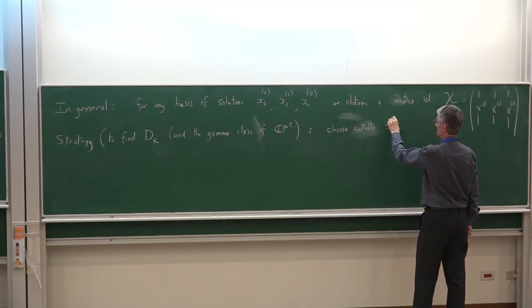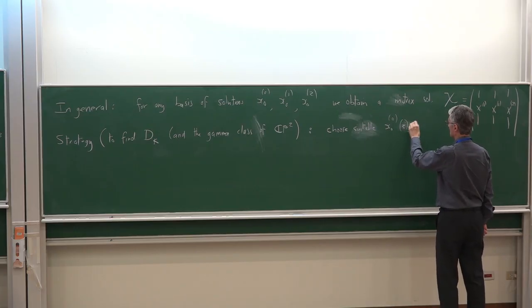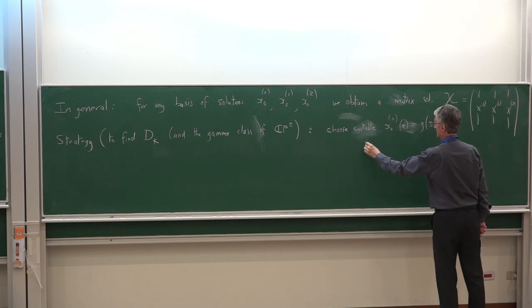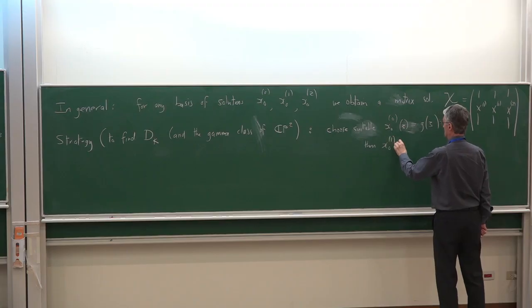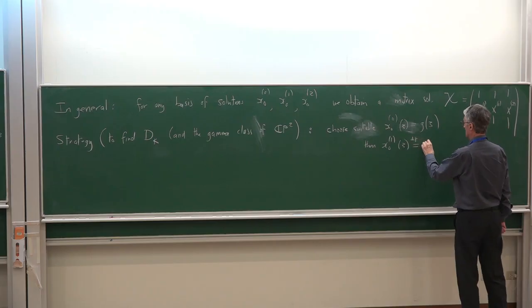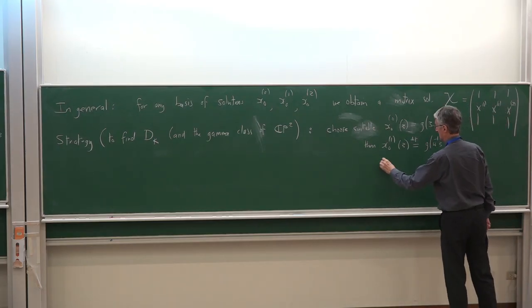I choose a suitable x0 equals g, where x0 is zeta. After I've done that, I automatically get a basis by defining x01, x02, like this.